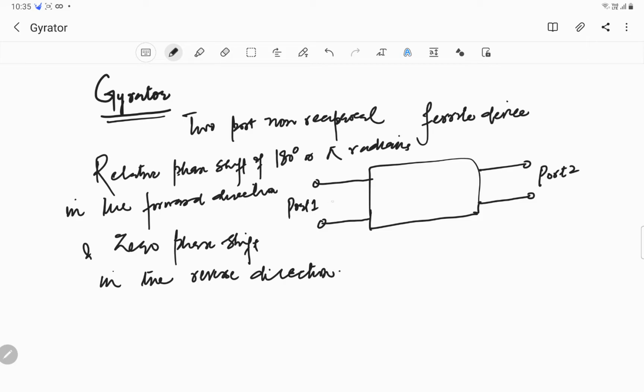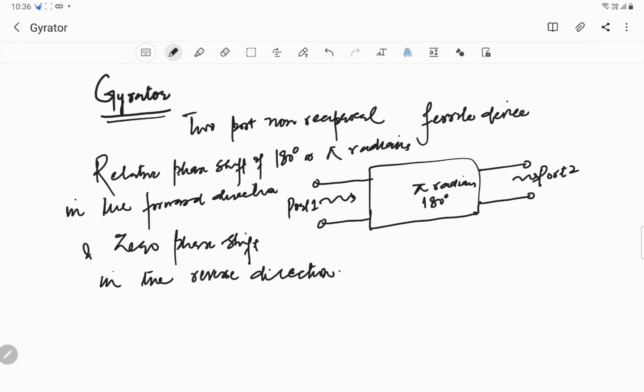That means if a signal flows from port 1 to port 2 through this device, a phase shift of pi radians or 180 degrees occurs between the signals at port 2 and port 1.